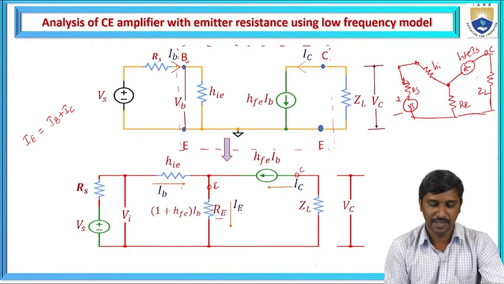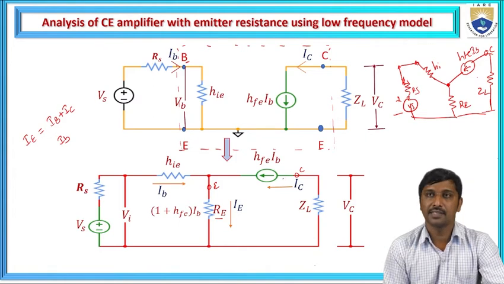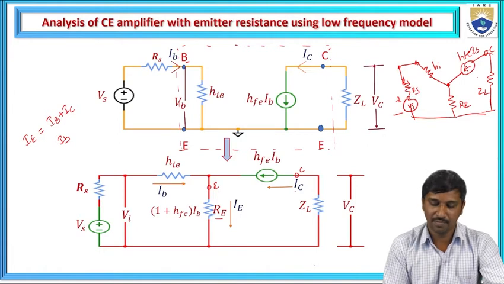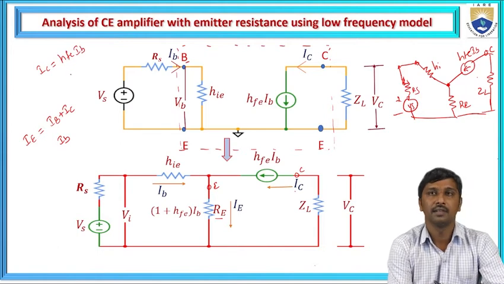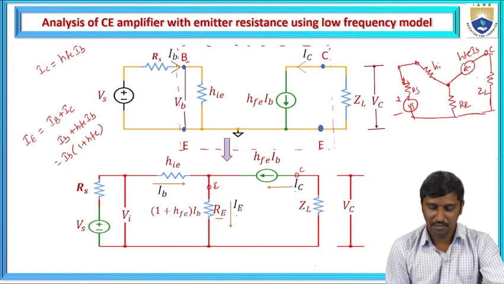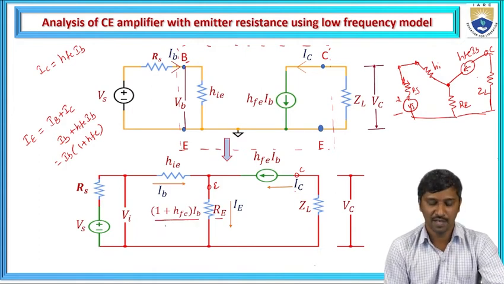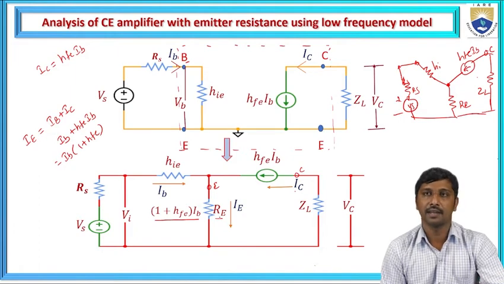Let us assume the base current is IB, and let us take the collector current as IC. From this circuit, IC is represented as HFE times IB. If IB is common, it is represented as 1 plus HFE. So the emitter current is 1 plus HFE times IB. This amount of current is passing through the emitter resistance RE.